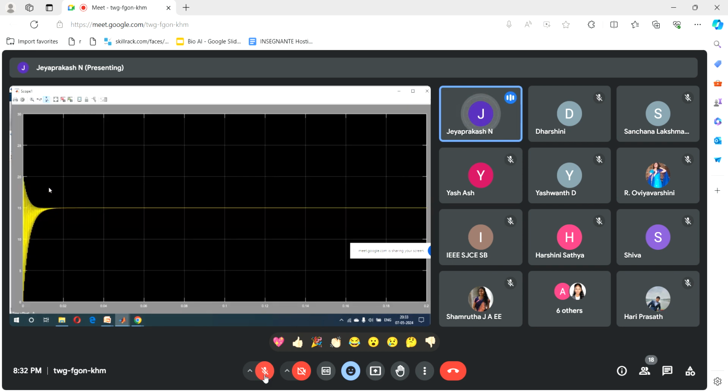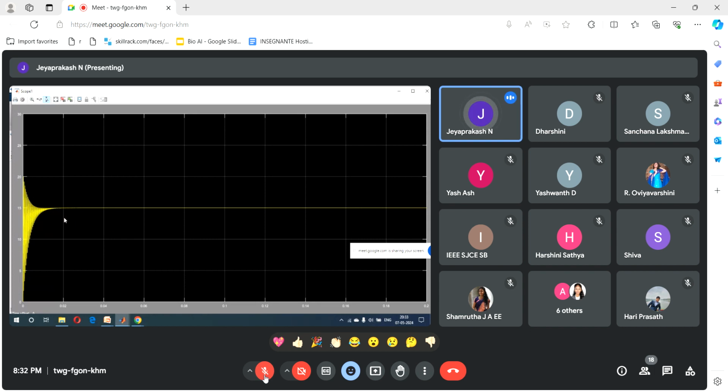Before applying the controller, my peak overshoot was nearly 27.5. Now the peak overshoot is reduced to 20, but we still have some transient in the response.